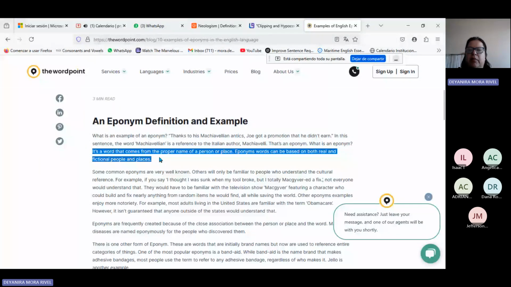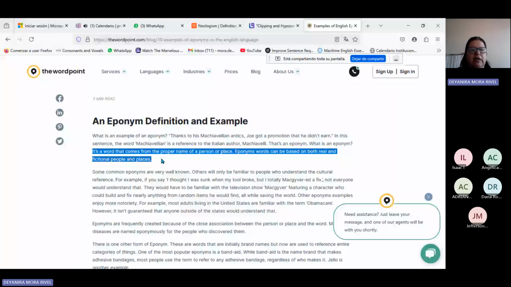They can be based both in real or fictional people and places. So a word meaning that it's not a proper name anymore, but it comes from the proper name.